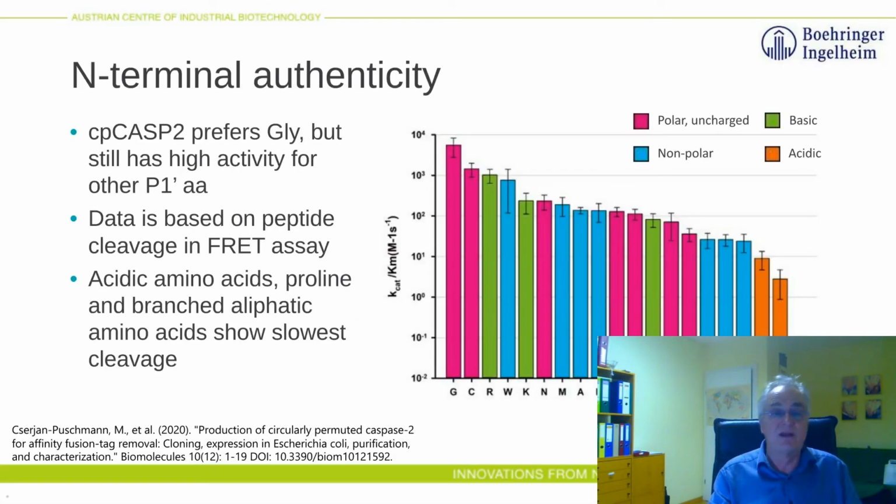So now let's go to the next. The N-terminal authenticity is fine, but we are not satisfied. Here you see this kcat over Km, which I already showed you. So then what we did, we went to another selection round. Here this is the FGF, the example is 2 hours.